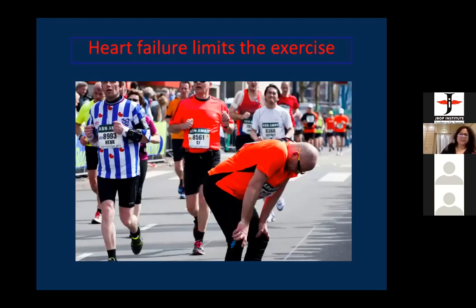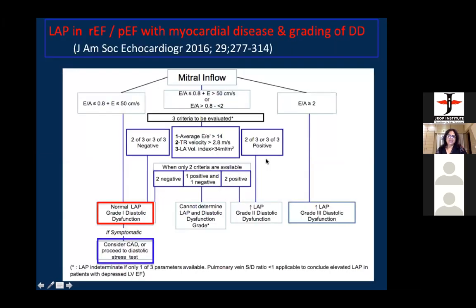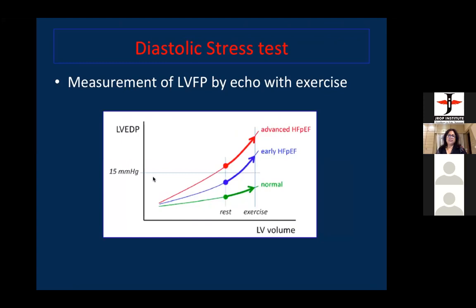So, during exercise, the patient goes into heart failure. At rest, he is absolutely fine, but as he does running, he goes into failure. So these are the patients where we go for a diastolic stress test. This is basically measurement of LV filling pressure by echocardiography with exercise, to identify the patients of early HFpEF.